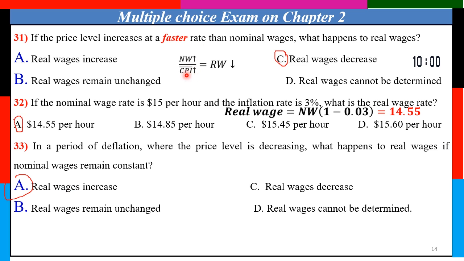This denominator declines, and this number is constant. The result is an increasing number. Therefore, during deflation, when the general price level is decreasing and the nominal wage is constant, it causes the real wage to increase.